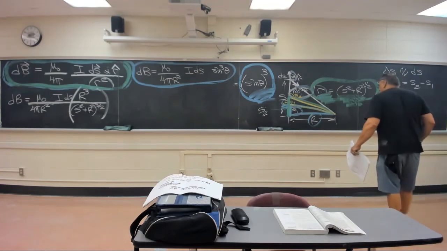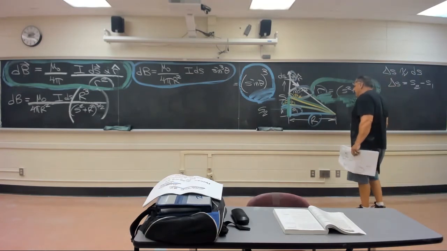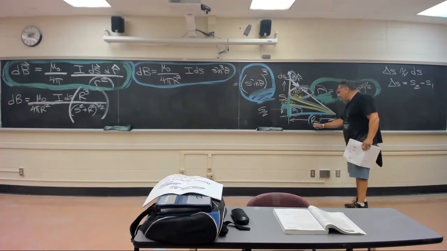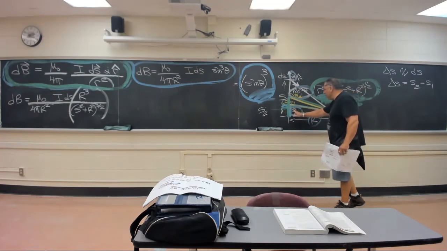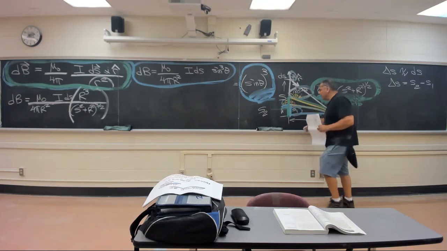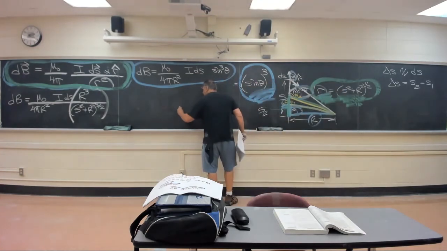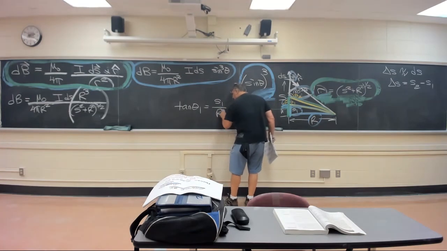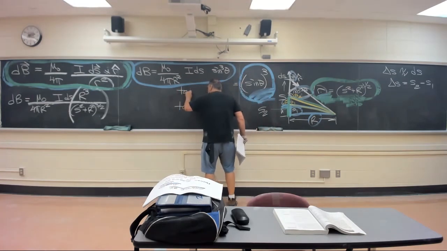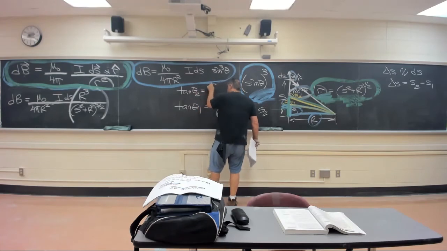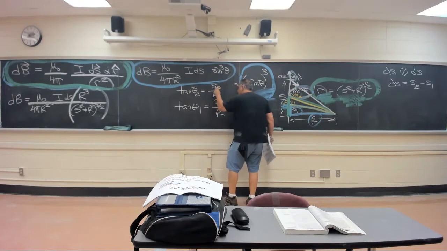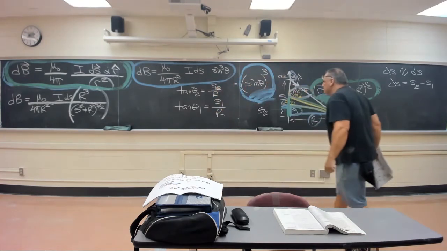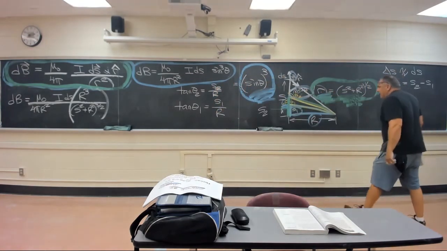Is it true that capital R divided by S1 is the tangent of theta 1? Tan of theta 1 is S1 over capital R. Tan of theta 2 is equal to S2 over R. Yeah, the S2 is pretty long.